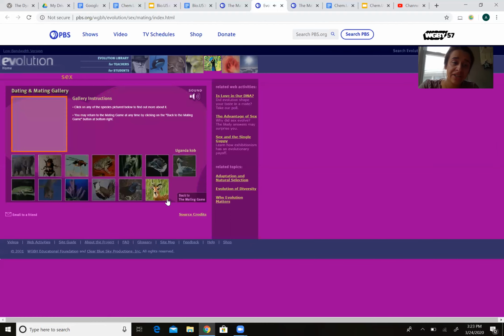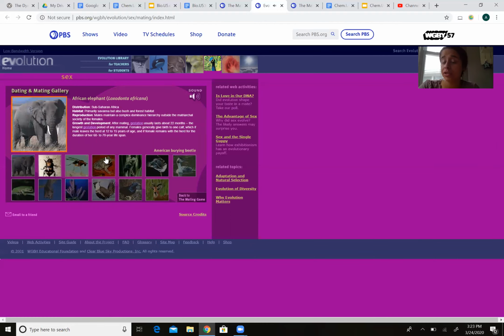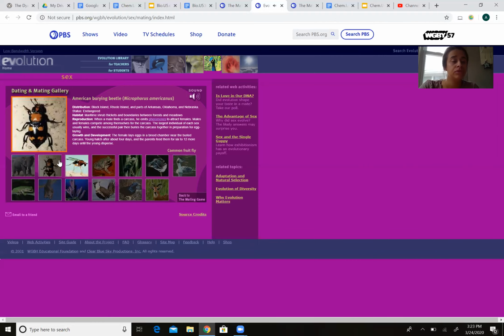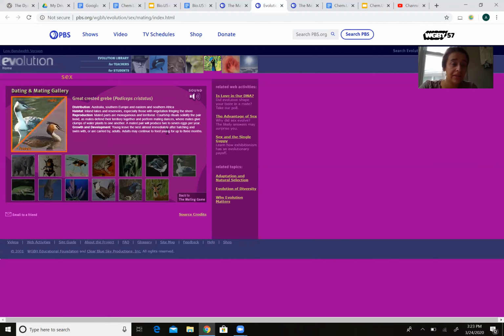And to take notes, there's a gallery. After you're done, you say, hey, I was looking at the great crested grebe. What is it telling me about them? Where are they? Australia, Europe, Eastern Europe, Southern Africa. Their habitat: they're in a lot of inland lakes and reservoirs, especially those with lots of vegetation. And then what are their reproductive habits? They're monogamous, meaning they have one mate for their whole lives.